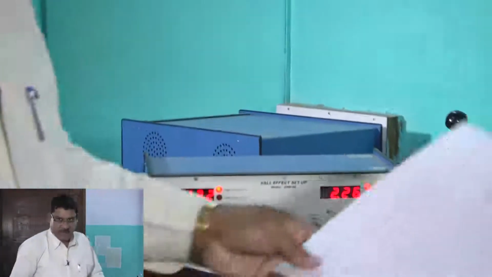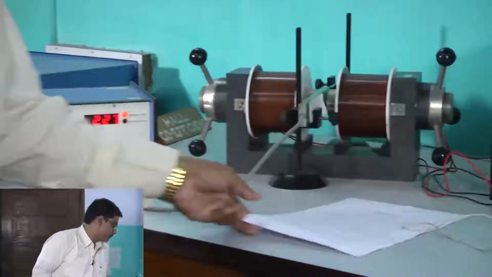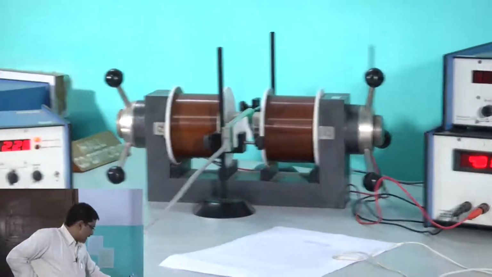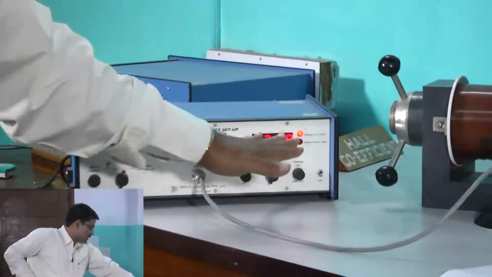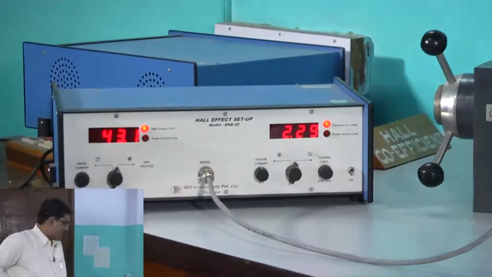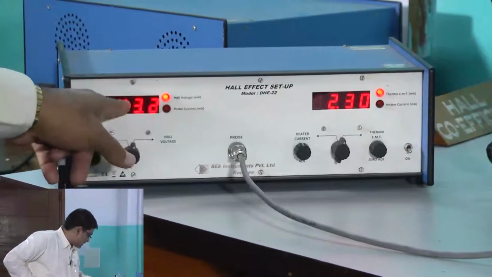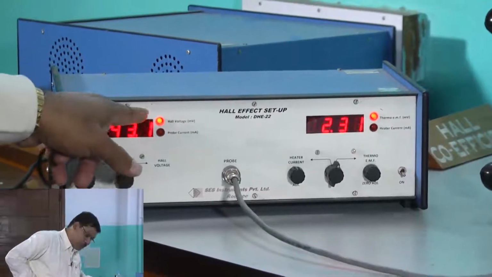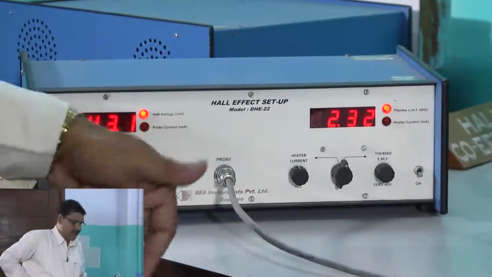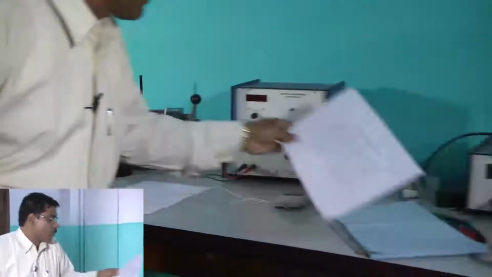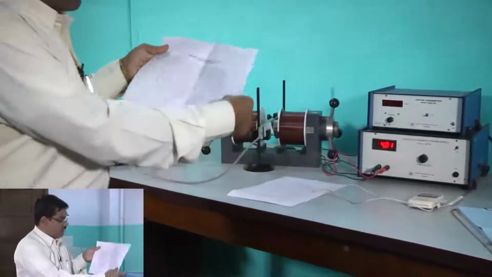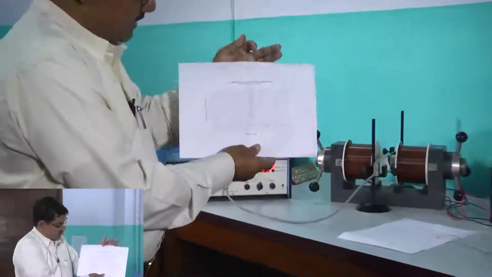Now the temperature is around 55. So it is decreasing with temperature. You have to note down as long as it goes to 0 and then to the negative. If you note that down, you then plot it.